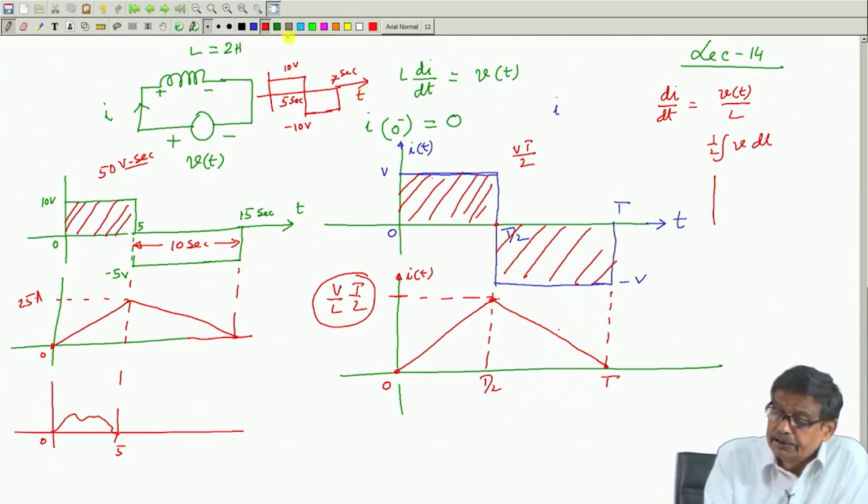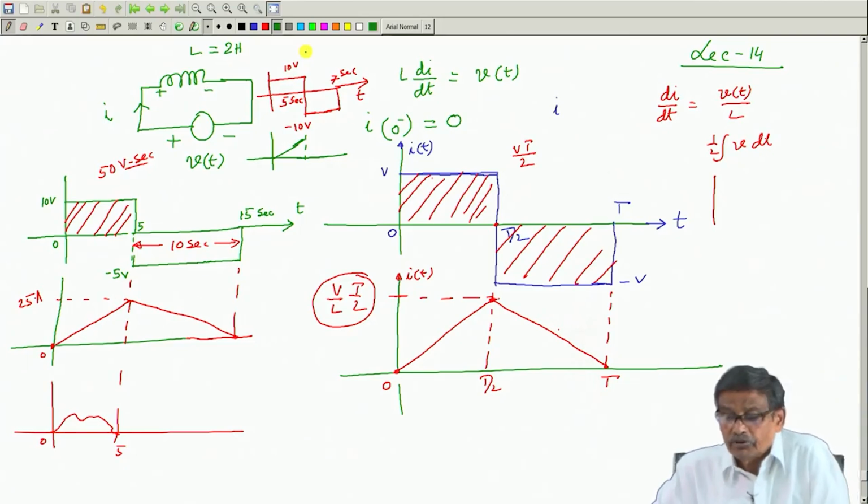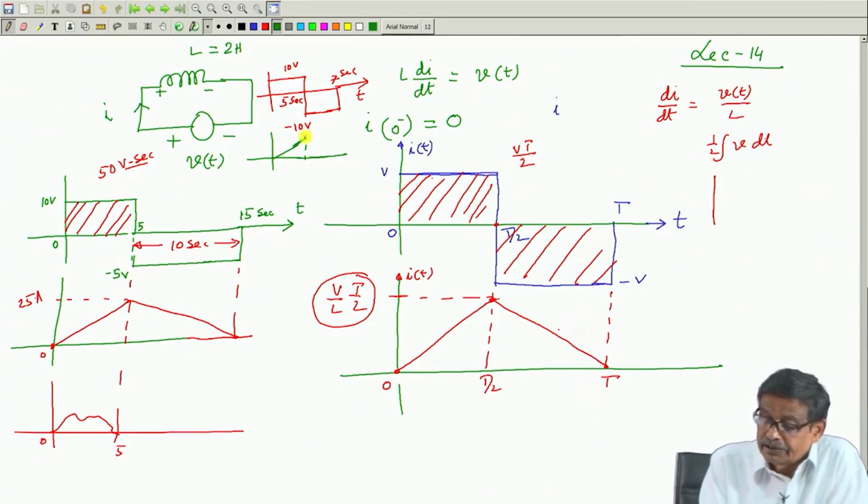So, it will increase current linearly up to this point and reach some value which I can calculate if I know L etcetera. You have spent 50 volt second to establish this much current from 0 initial current.